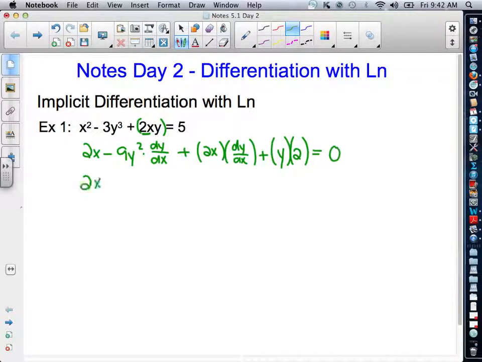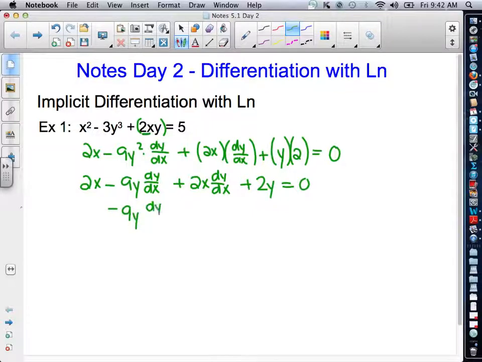And I can simplify this a little bit. Then if I get the dy over dx terms together and all the other terms on the right-hand side, if I put the 2x and the 2y on the right-hand side, they'll be negative.